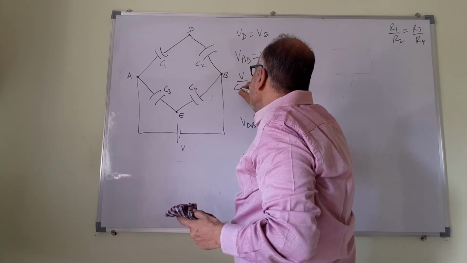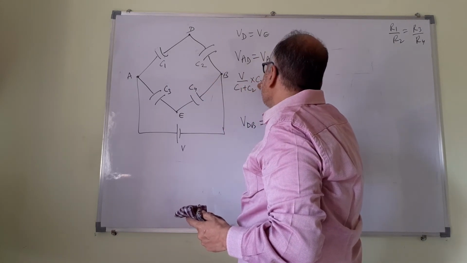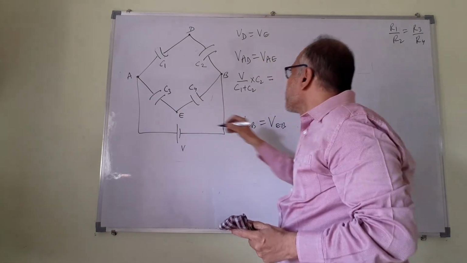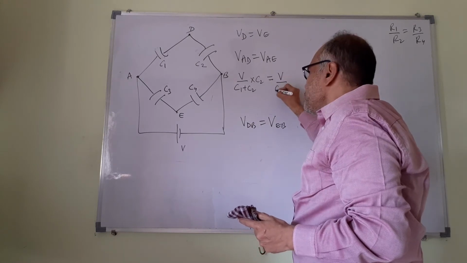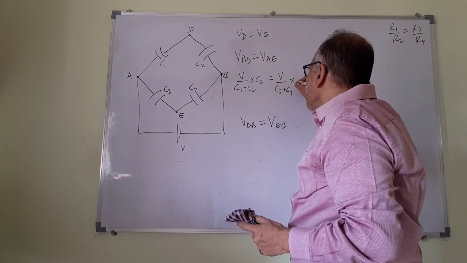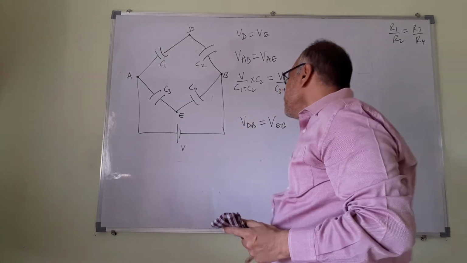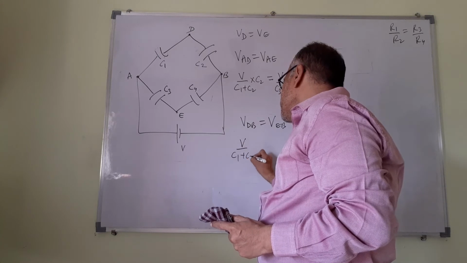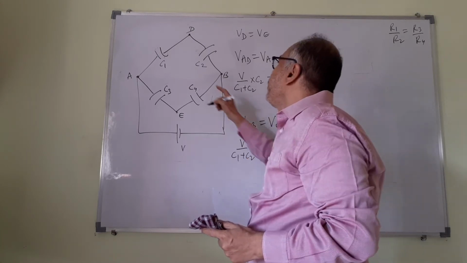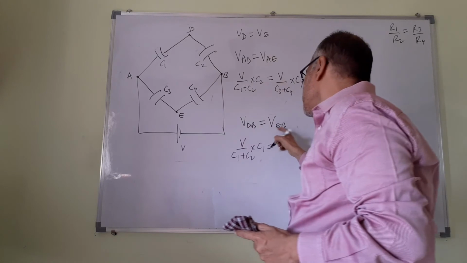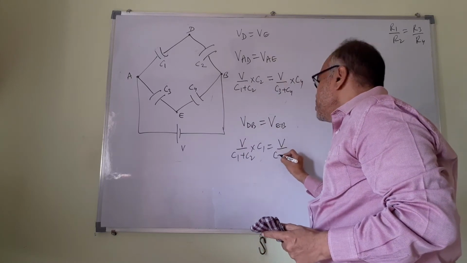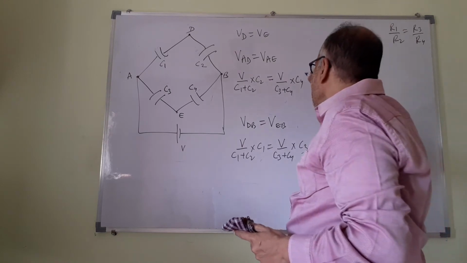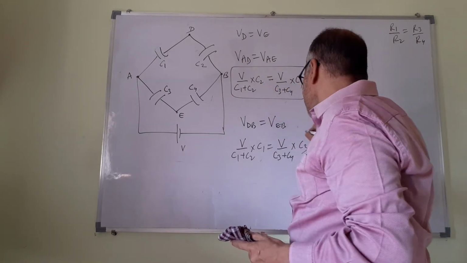So V by C1 plus C2 into C2. Here VAE, again in the inverse ratio of the capacitances, V by C3 plus C4 into C4. VDB, V by C1 plus C2 into C1. VEB, V by C3 plus C4 into C3. So this is one equation and this is one equation.